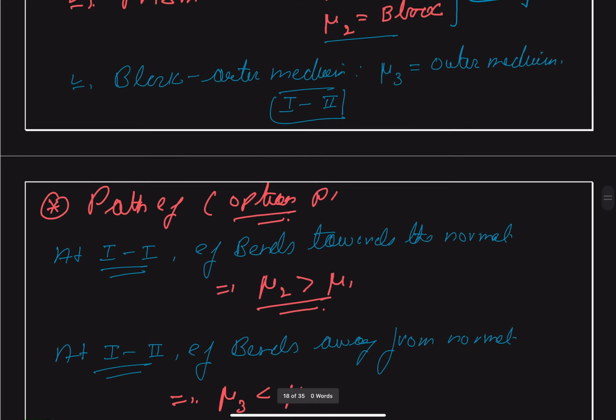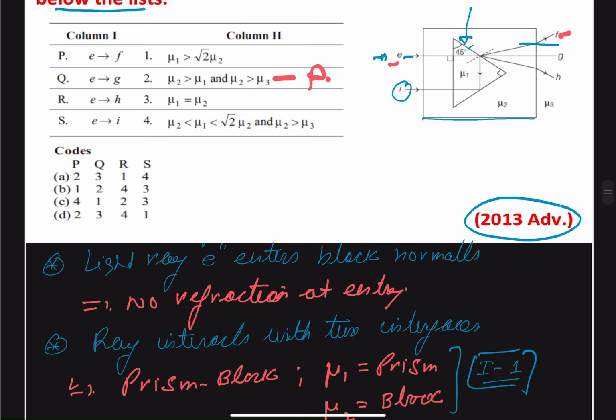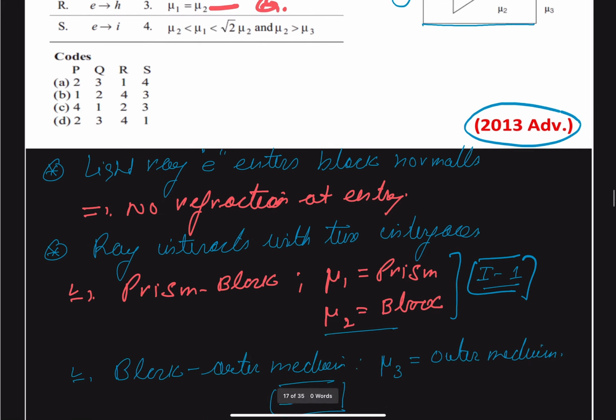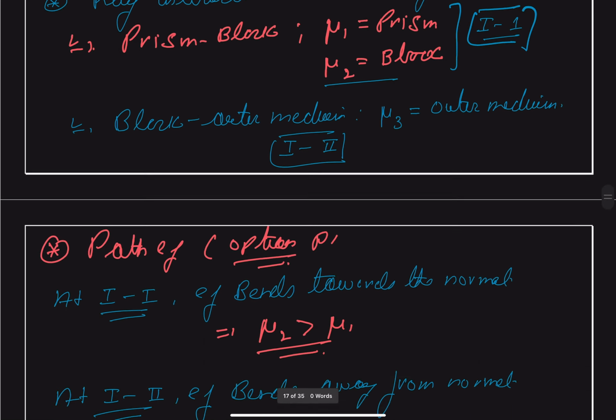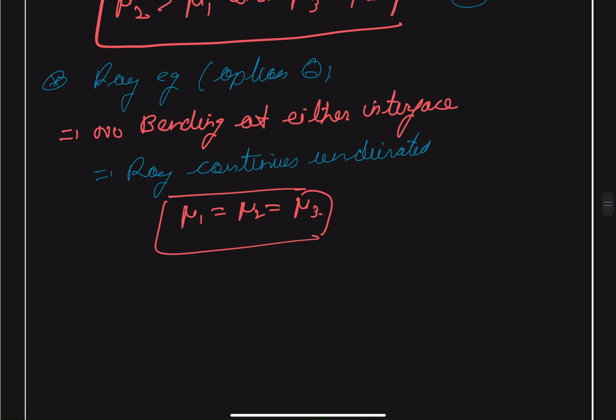So Q is going to be option number 3. So this belongs to Q, this belongs to our 3.